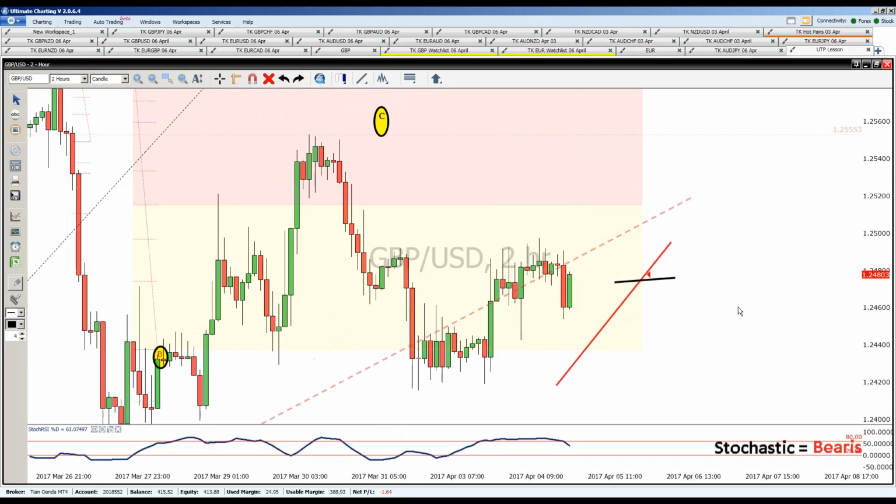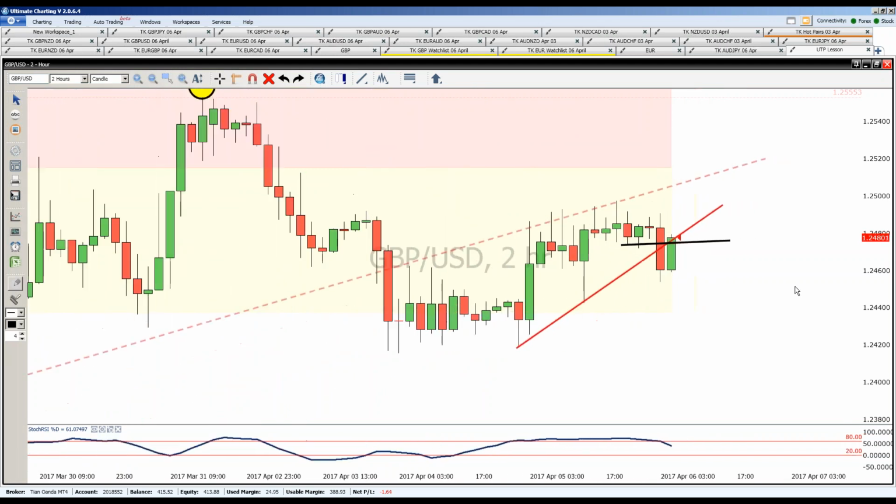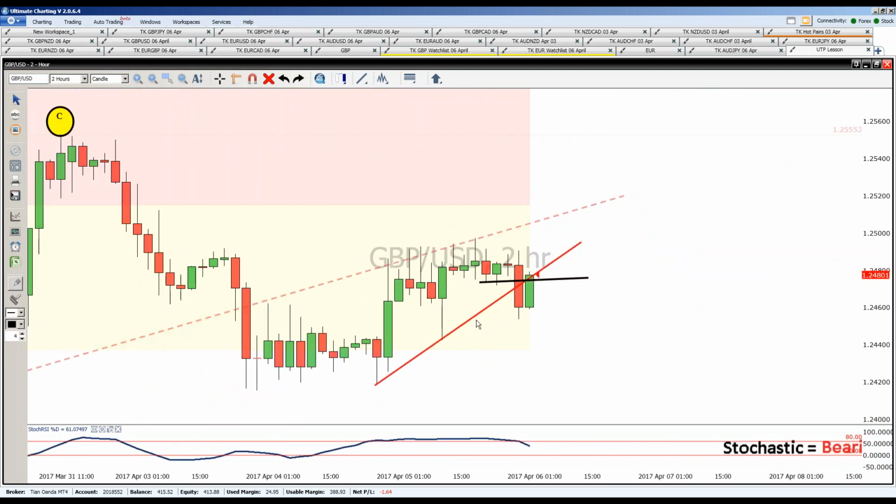Right. Now let's have a look at this. The market broke a counter trend line. So let's answer these few questions for a 1, 2, 3 sell setup. First question. Did the market break the counter trend line?